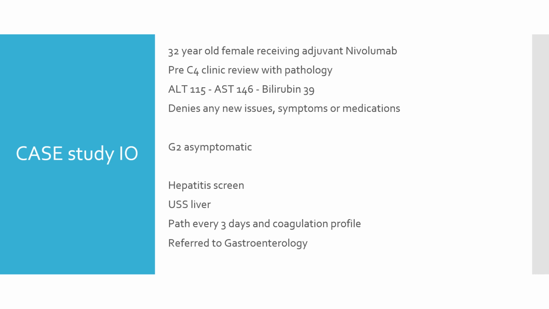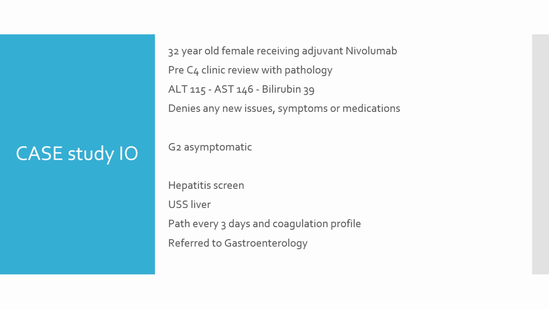However, because she was on immunotherapy, obviously, we had done a review. So we did a hepatitis screen. We actually did an ultrasound of her liver. She was asked to do path every 3 days, and we did a coagulation profile just to check her liver function.